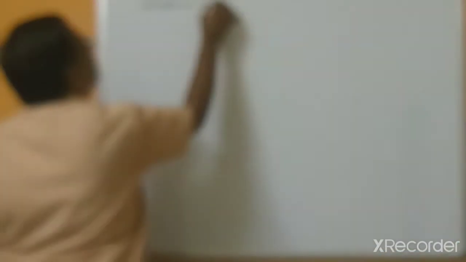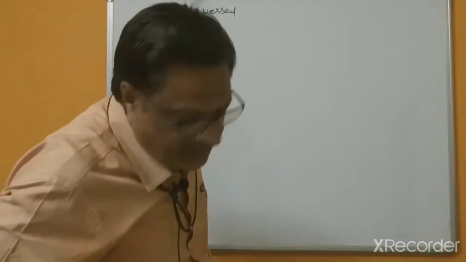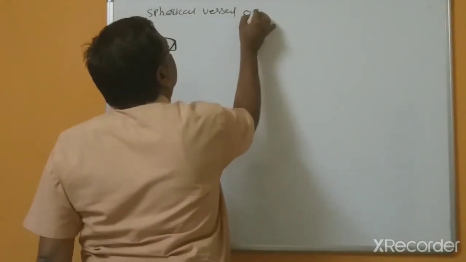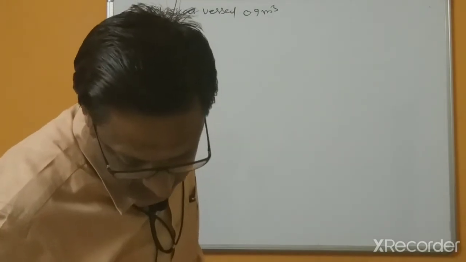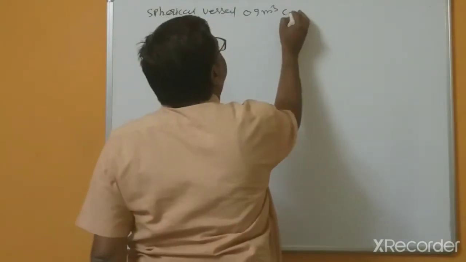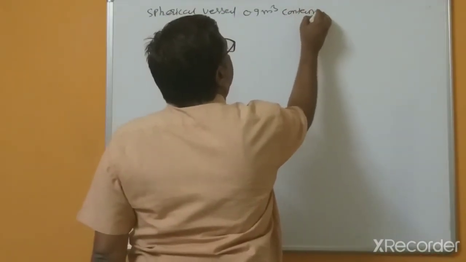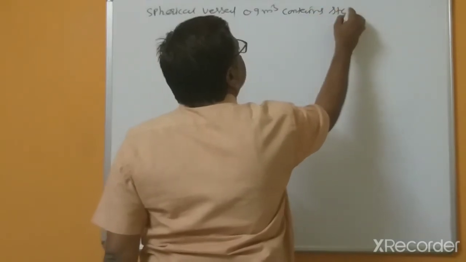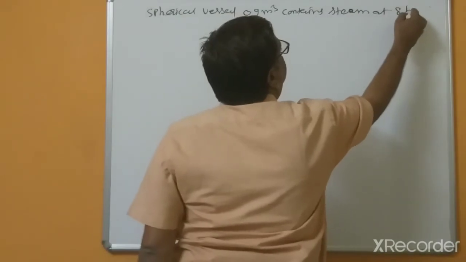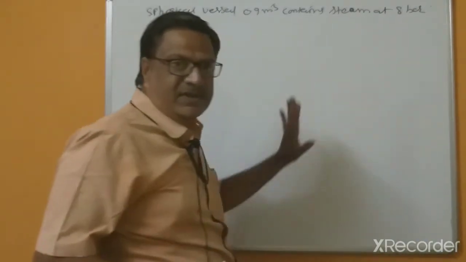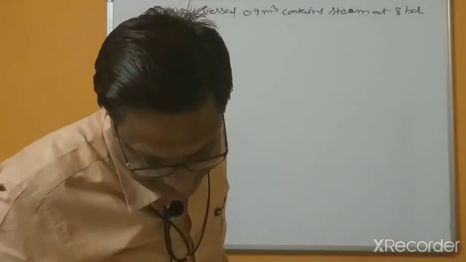A spherical vessel, spherical means ball type, of 0.9 meter cube contains steam at 8 bar. This is the initial given.